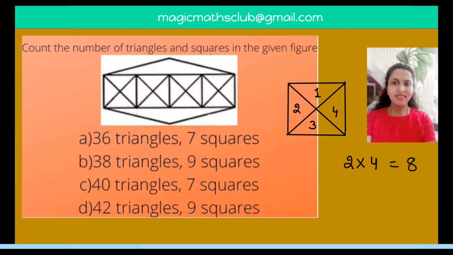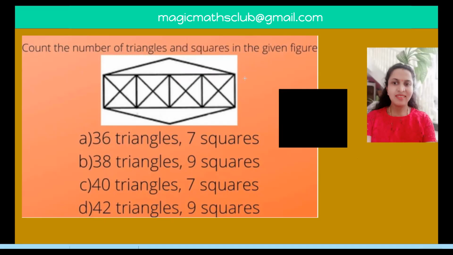Now suppose you divide it again like this, like this, like this, and like this. And now you write 1, 2, 3, 4, 5, 6, 7, 8. So it will be 8 into 2, 16 triangles.